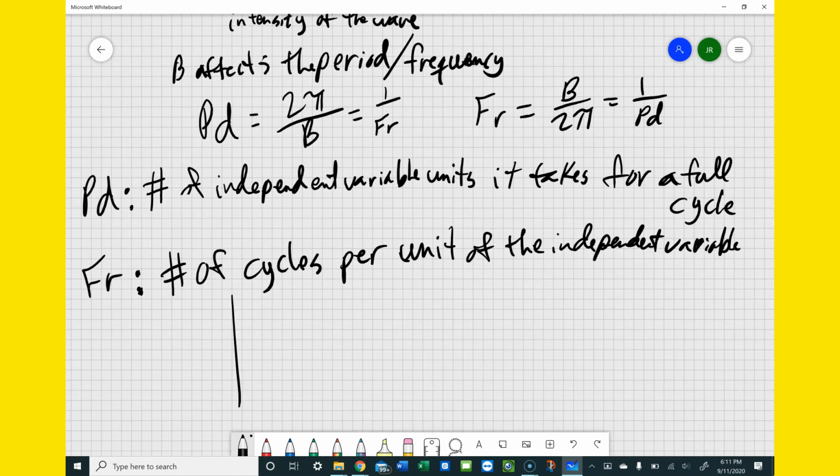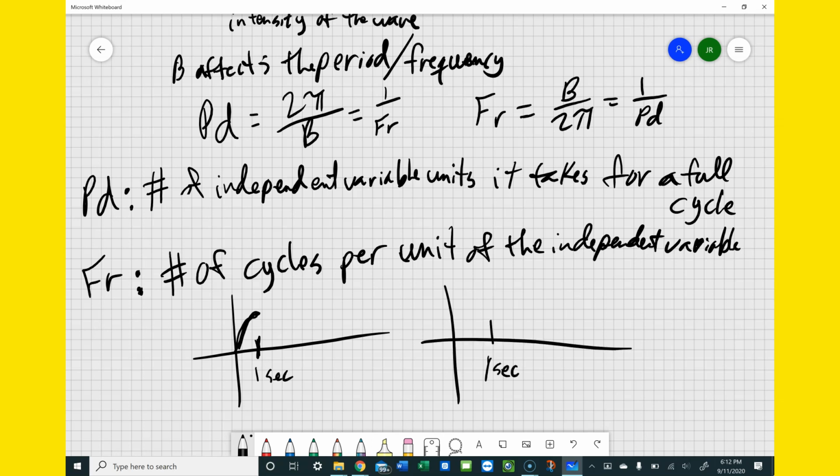So if this is the unit of time, let's say this is 1 second, and the sine wave did this, then it just went through 1/4 of its cycle in 1 second, and so the frequency would be 1/4 cycles per second. If this is 1 second and it did this, it would be half of the cycle, so the frequency would be a half.